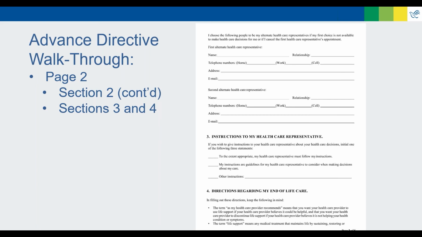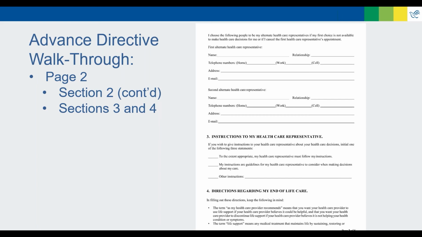Section 3, instructions to my healthcare representative. So section 3 actually refers to the healthcare instructions you are about to give in section 4. And the choices section 3 offers are, to the extent appropriate, my healthcare representative must follow these coming instructions in section 4.